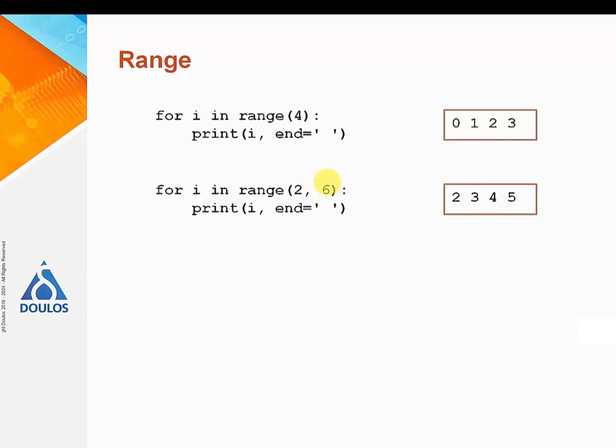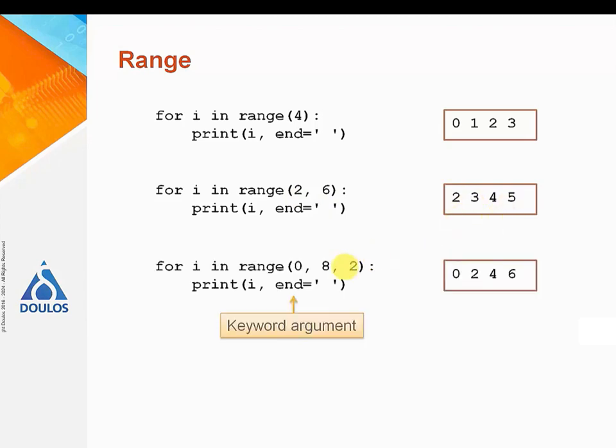Range can also take a second argument, which is the stop value, and this is analogous to the stop value in a slice. So range 2, 6 is going to return the 4 values 2, 3, 4, 5 in turn. And there's also a step value.